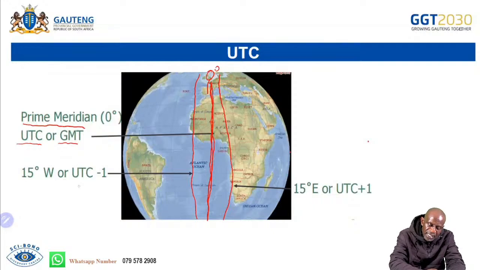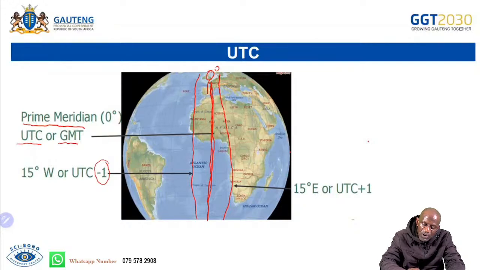The line of longitude 15 degrees west of the UTC is known to be the -1 line of longitude, and 15 degrees east of the 0 degrees longitude, or the UTC, you would have the +1 line of longitude. I'm sure you follow, grade 12 learners.